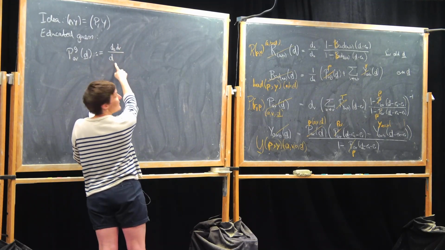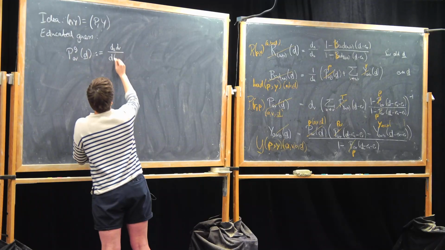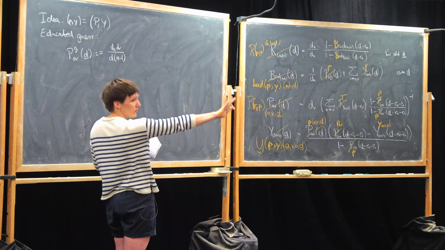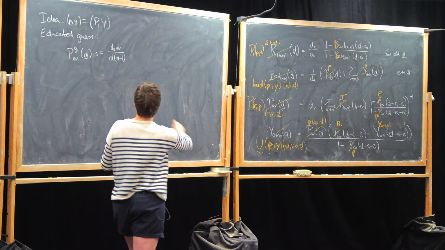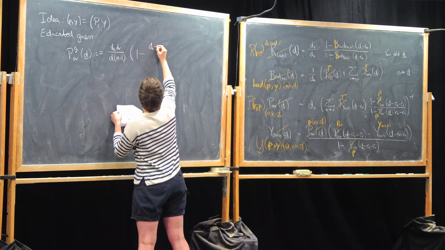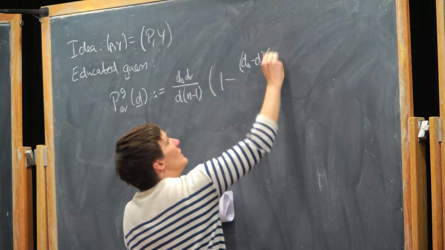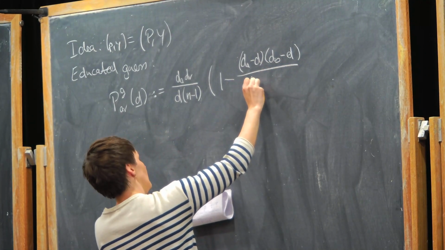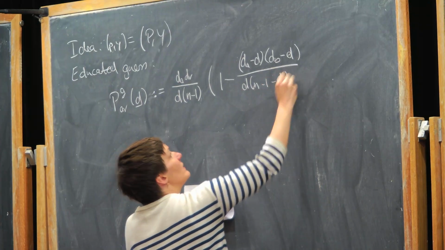Well, we saw a d_N before, and the trick is that you write d_N minus 1, and that cancels a lot of your terms in the expansion, times 1 minus d_A minus D, d_B minus D over D, n minus 1 minus D.